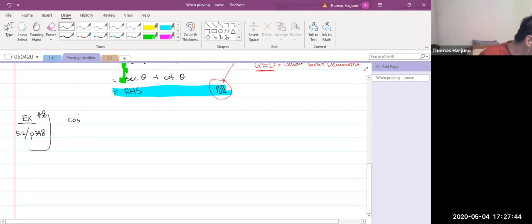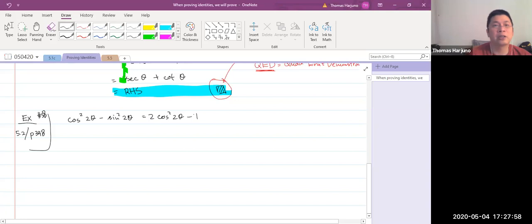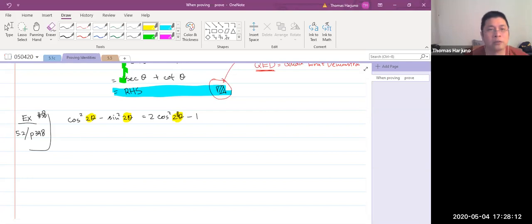So we want to prove cosine squared 2 theta minus sine squared 2 theta equals 2 cosine squared 2 theta minus 1. As scary as it looks, the 2 theta is actually the same in each one of them, so you can just see that as cosine squared x minus sine squared x equals 2 cosine squared x minus 1.